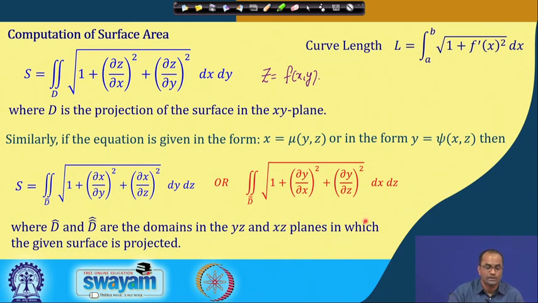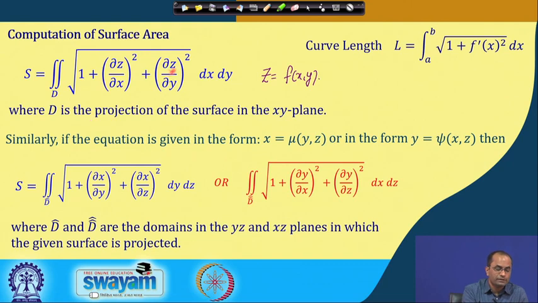So, with the help of this double integral, which in most cases is given by S equal to the double integral over the domain of the square root of 1 plus z_x whole square plus z_y whole square, dx dy, when the function is defined as z is equal to f(x, y), we can compute the surface area.